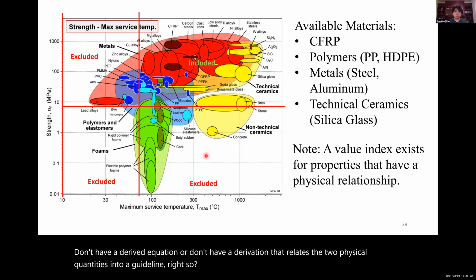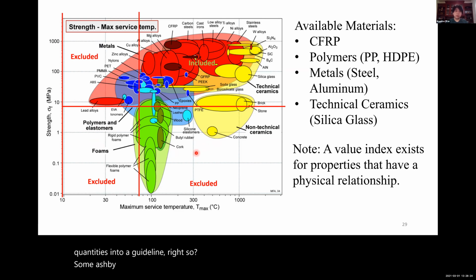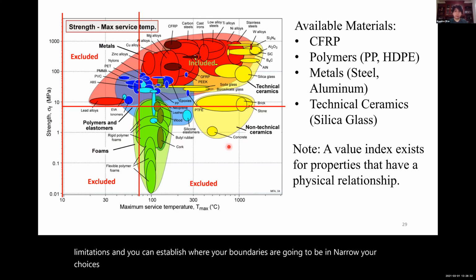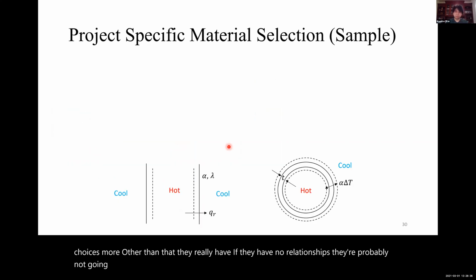Some Ashby plots, if they're relevant, are relevant because you can apply limitations, establish where your boundaries are, and narrow your choices more. Other than that, if they have no relationships, they're probably not going to be useful.